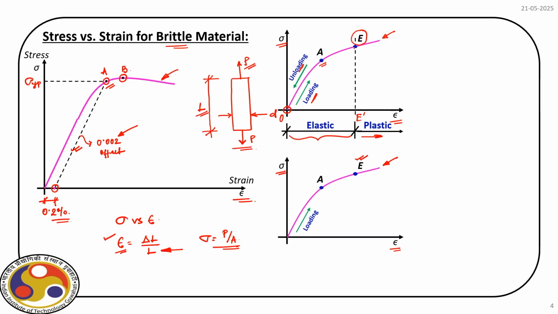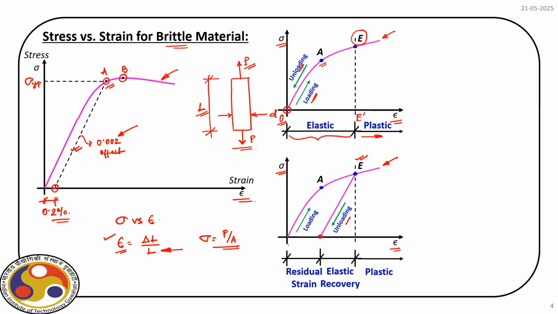But in the previous case, from E, as we start removing the load, we could trace back the path and reach 0 once we remove the complete load. But in this case, if we start unloading, instead of following the initial path, it follows a different path, as you can see, and it reaches a new point which is not 0. So, this is the unloading path followed by the material.